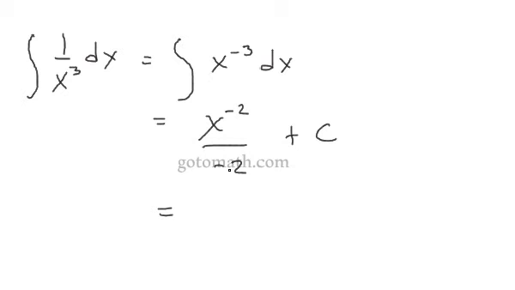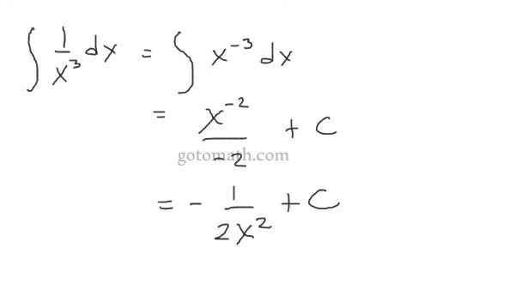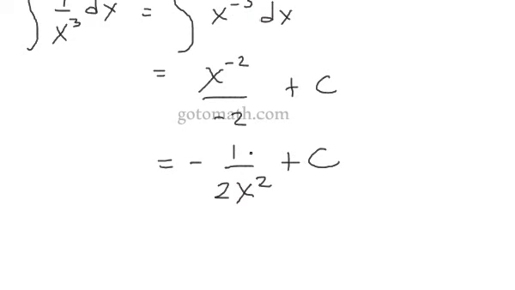So now we want to rewrite this with positive exponents. So we're going to take the negative and bring it out front. And of course, the 2 stays down here in the denominator, and this becomes x raised to the second power, and don't forget the plus c. And of course, remember, all of this stuff is equal to the integral of 1 over x cubed dx, right? Okay, and remember, you take the derivative of this, and hopefully you get back to the integrand.